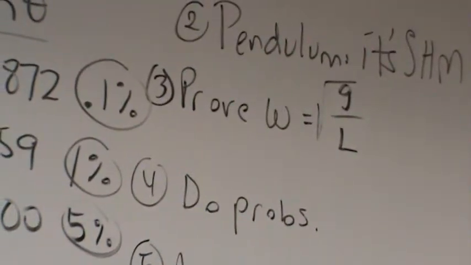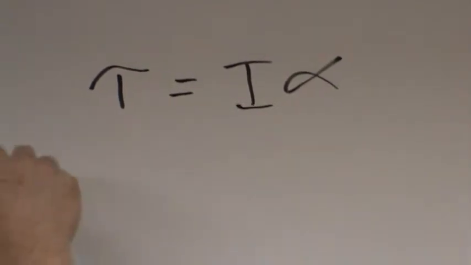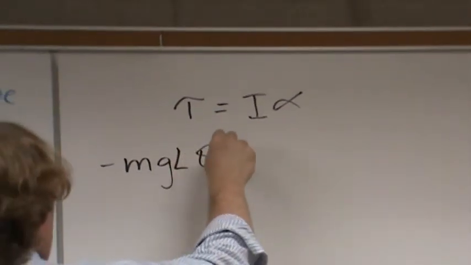And yesterday, I started with force equals ma. Today, I'm going to have to start with torque equals I alpha. For my torque, I've got my torque right here, negative mgL theta. I can get my rotational inertia because a pendulum is pretty much a point mass at the end of a massless string.